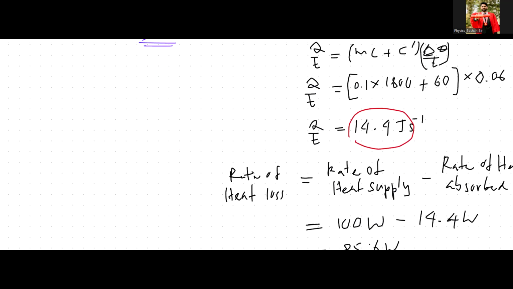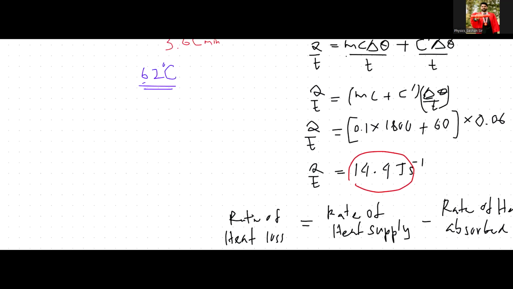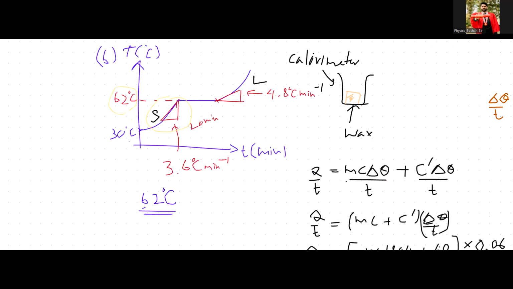During this time period, within that 20-minute period, there is no temperature change. That means the rate of heat absorbed by the calorimeter is 0. So the total heat goes to the fusion process. We can calculate the specific latent heat of fusion using that.